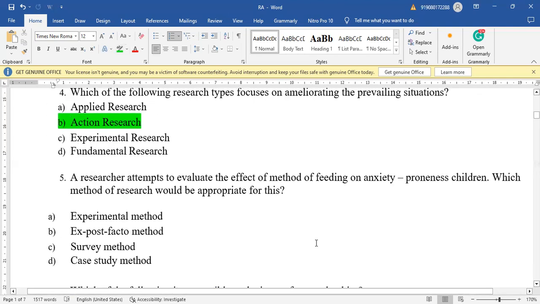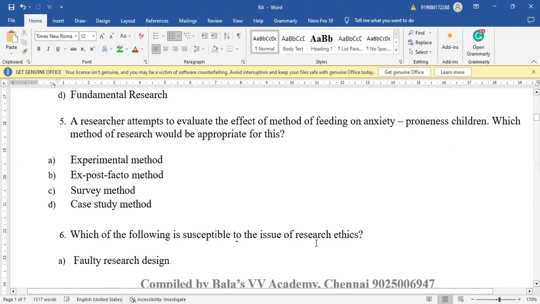A researcher attempts to evaluate the effect of method of feeding on anxiety-prone children. Which method of research would be appropriate? You are going to evaluate the effect of feeding on anxiety-prone children. You are going to see whether, after the feeding, they feel the betterment or not.